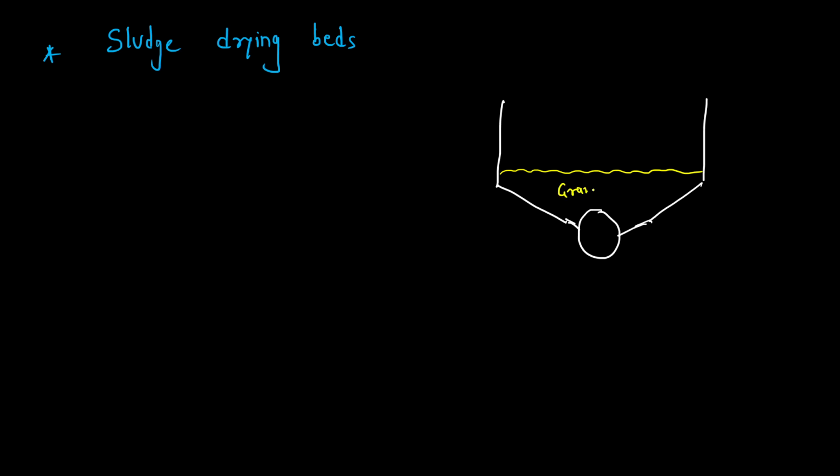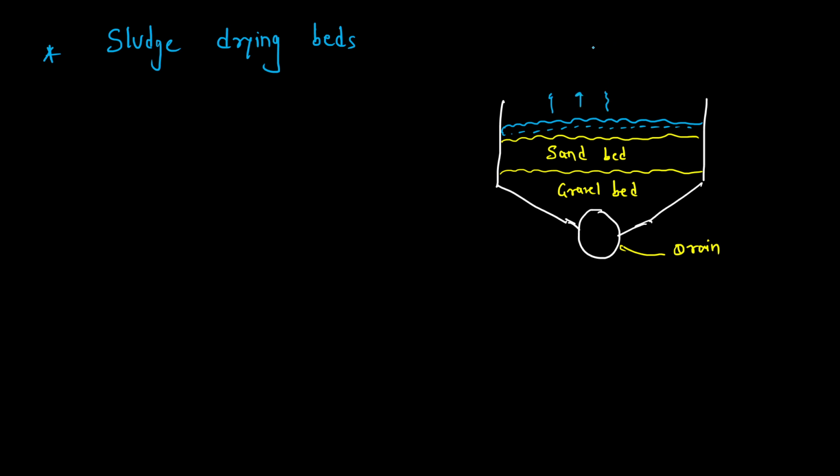One is a gravel bed, and above the gravel bed there is a sand bed. This is a drain. The digested sludge is taken onto these beds, and whatever remaining moisture content is there gets evaporated.